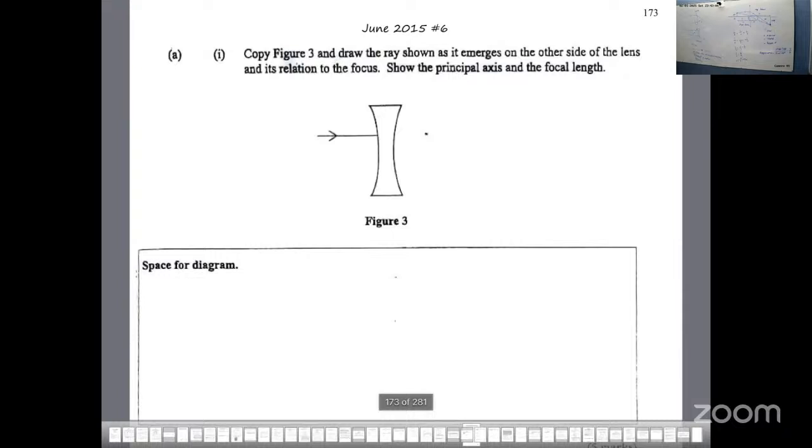We are on page 173. You're doing 173 and 174. Everybody has something to look in, right? Go ahead.